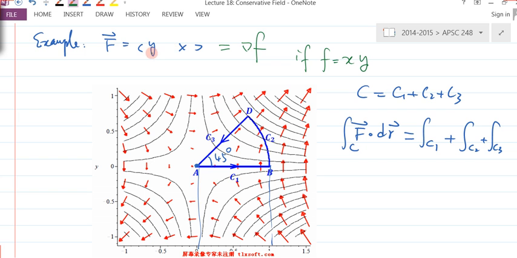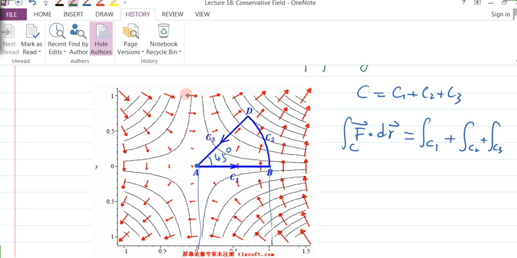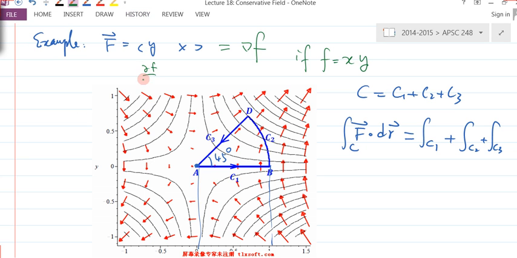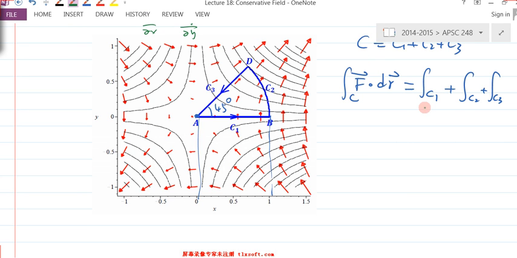The first is partial f over partial x, partial f over partial y, so that gives you y, x. That means this vector field capital F is a special one, so we have to treat it specially. When I calculate this line integral, I can skip certain computations by making use of the fundamental theorem of calculus for line integrals.